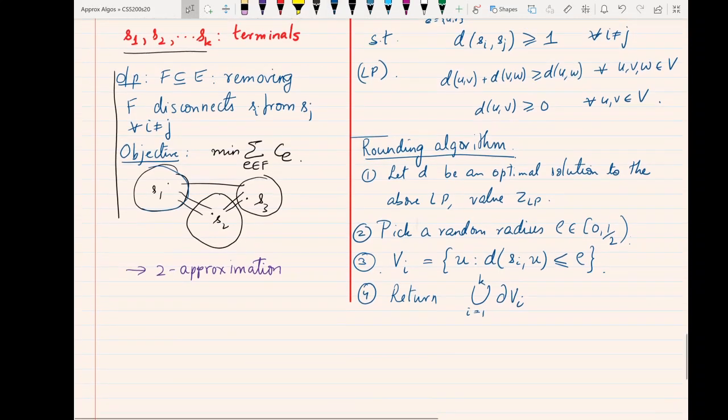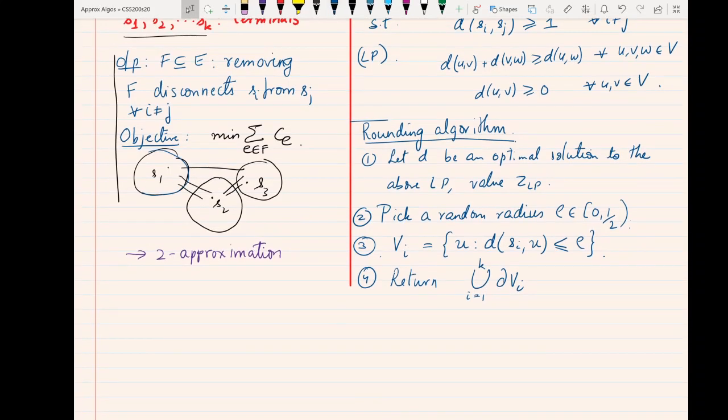Okay. So if you notice, by definition, each Vi is an isolating cut for Si.